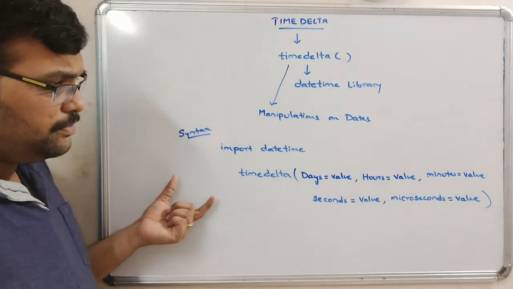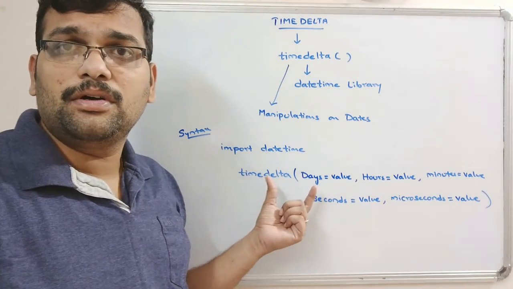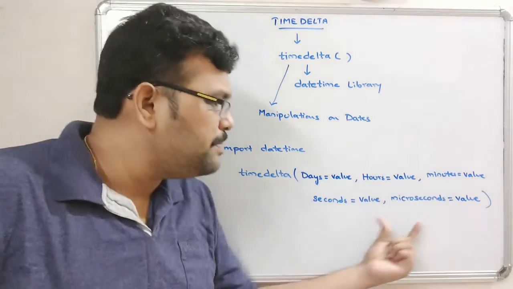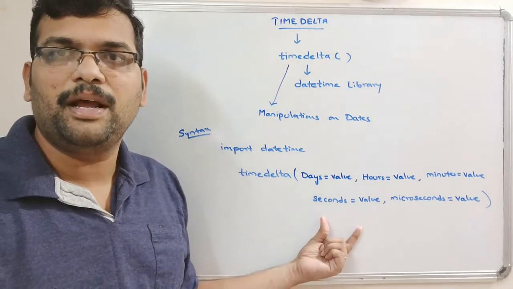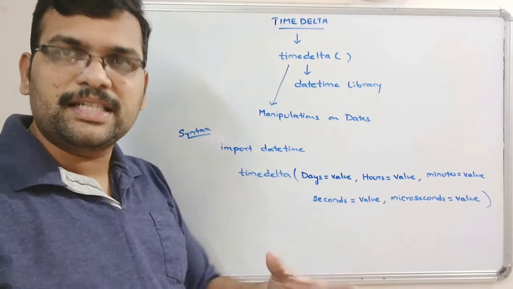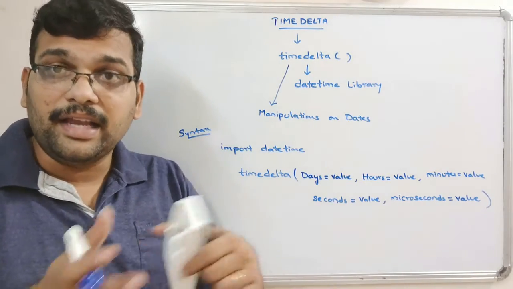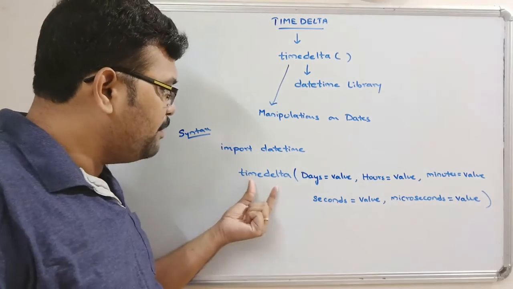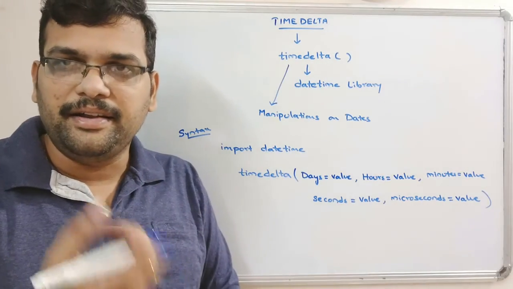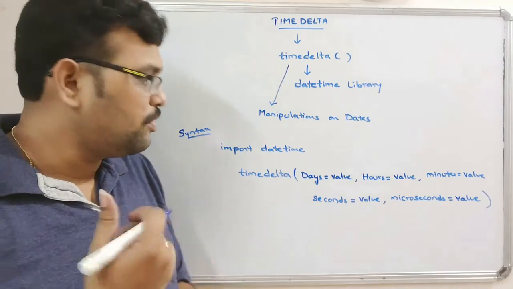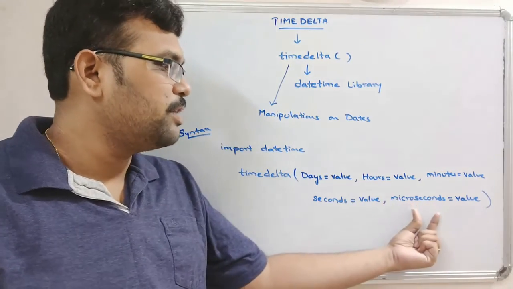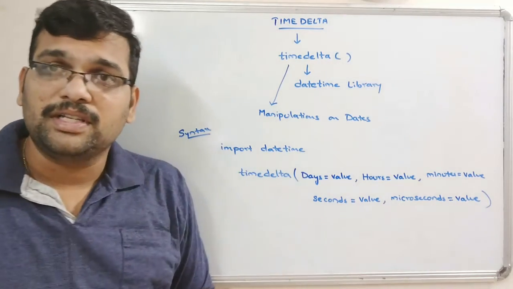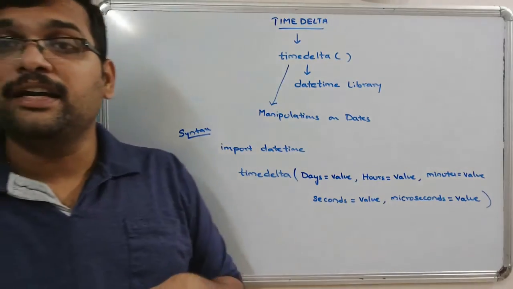Don't worry, I will demonstrate the time delta function with all these parameters by executing a program in the interpreter. First let us take the current date and then modify that date. By using time delta we can change the time, the date, the hours, the microseconds and everything else. One thing to remember: before executing the time delta function, we have to import the datetime library. Without importing the datetime module, we are not able to use time delta and can't manipulate the current dates.